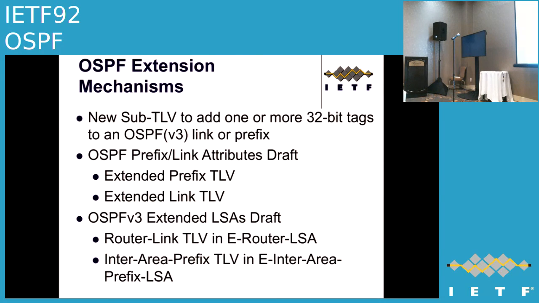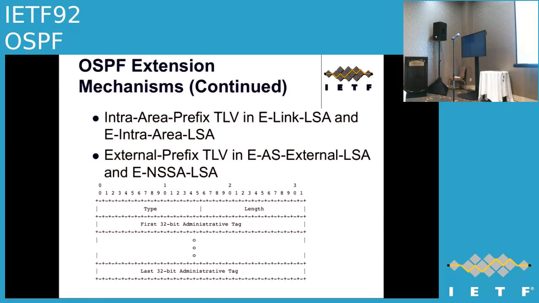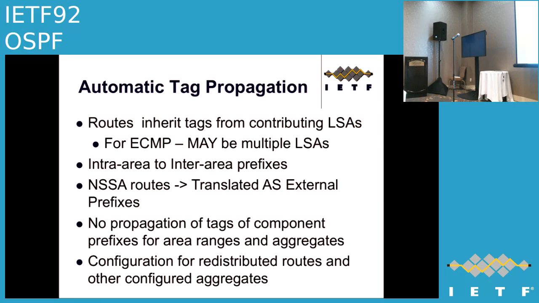This just goes through the mechanics. It's pretty simple, all the places you propagate a route, or if you're setting the tag based on the next hop or something like that, if you have ECMP, you could possibly set multiple tags.